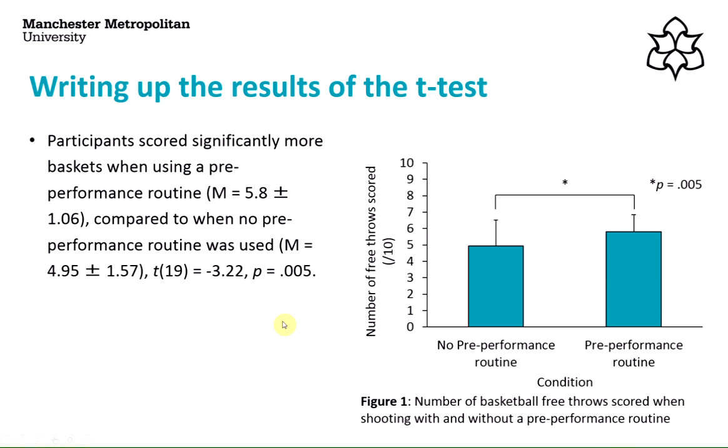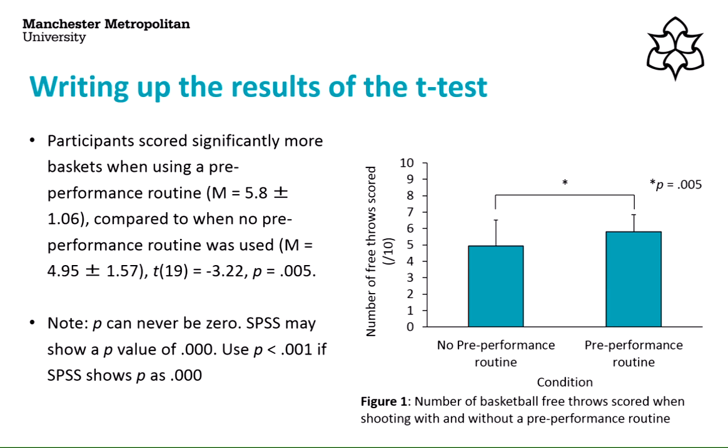We could then add to the graph these little asterisks and the drawing tools to create this indication that there is a statistically significant difference between the two data sets, so that someone could read the information in our results section and they could also look at the graph and see that there was a statistically significant difference between the two data sets.